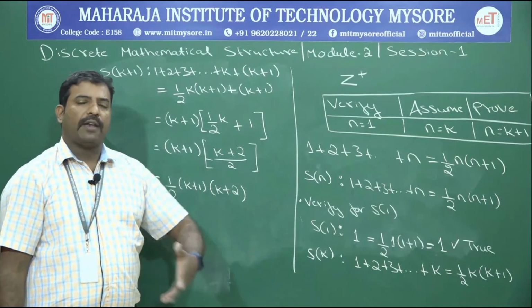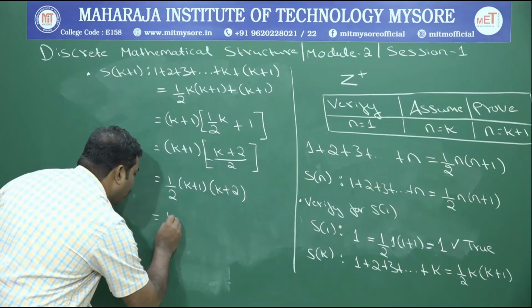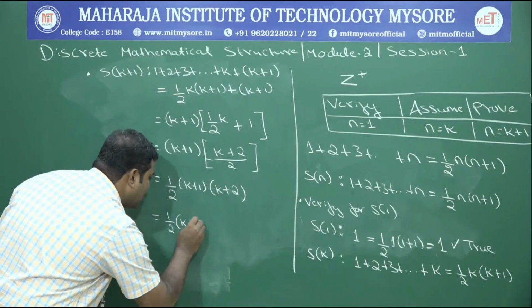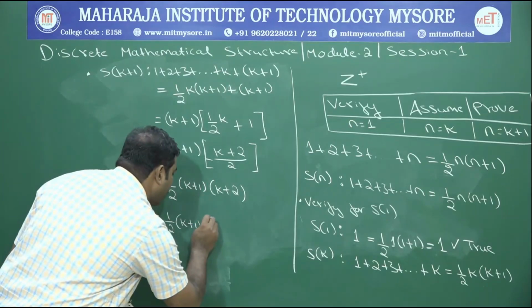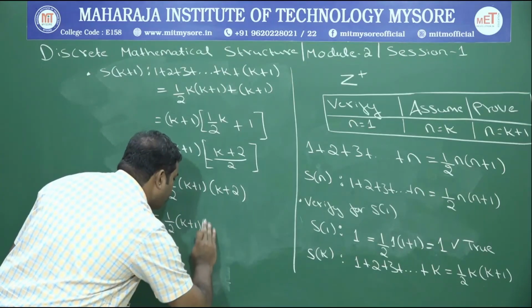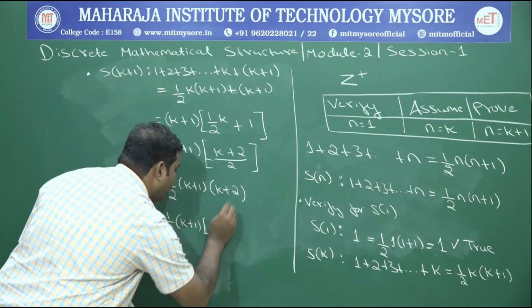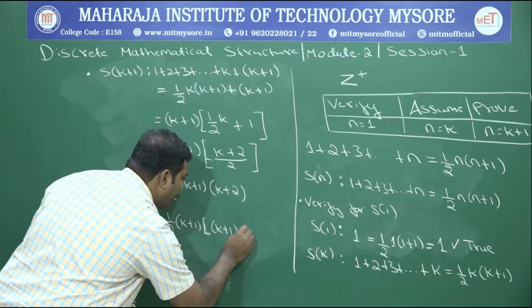So just to simplify and make your job easier, let me take this as one more step. That is 1 by 2 of k plus 1. I can rearrange and write this as, I'll just open an angular bracket, and this is going to be k plus 1 for me, plus 1.